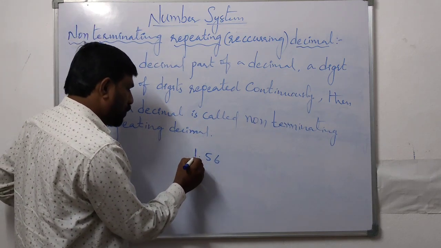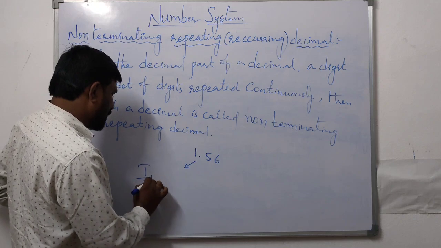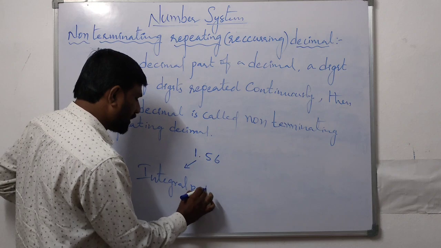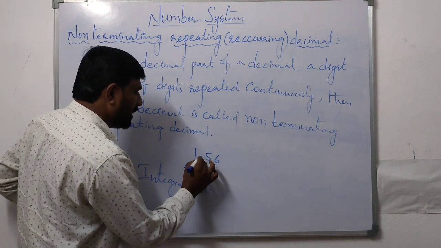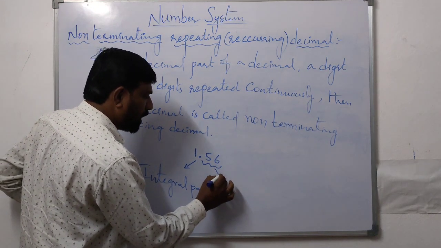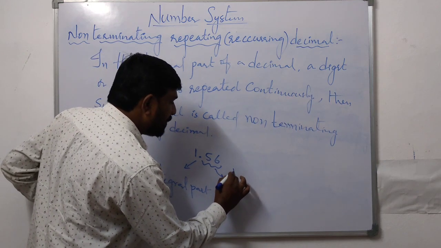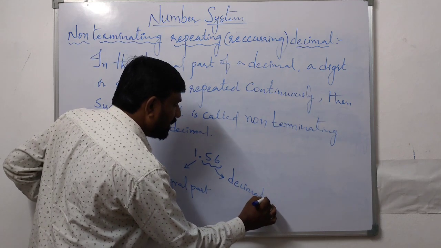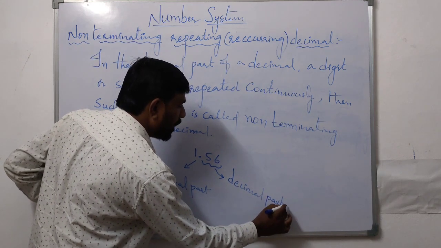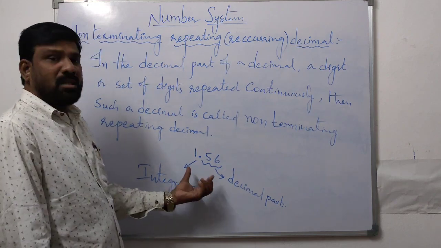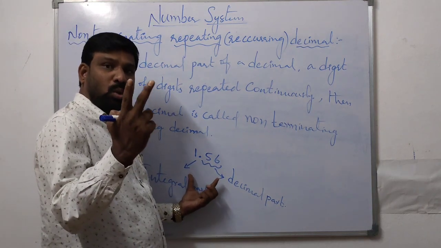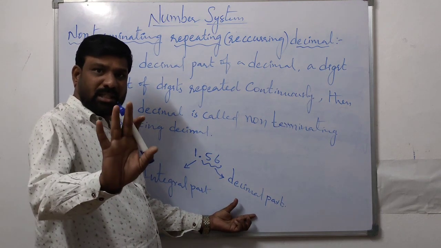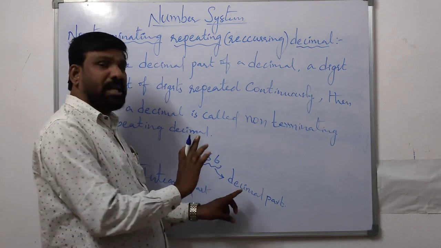This one is called the integral part. And after the decimal point, this number is called the decimal part. So in a decimal we have two parts, that is integral part and decimal part, right? I think you people have got an idea about the decimal part.